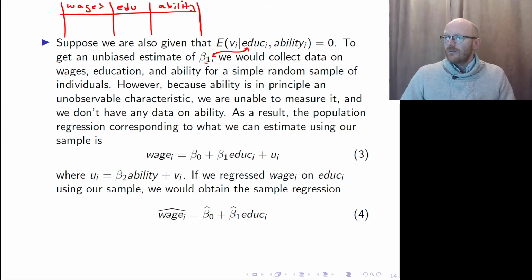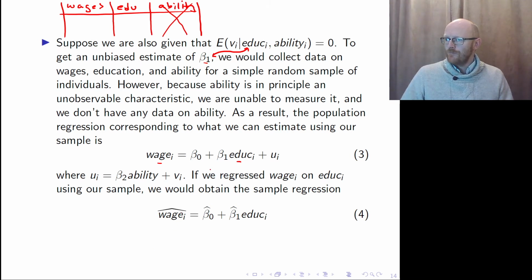So then we would have a simple random sample, but ability is an unobservable trait, right? So we do not have this data, which means that we still go on with our analysis, but we estimate our simple regression model with just wage and education.